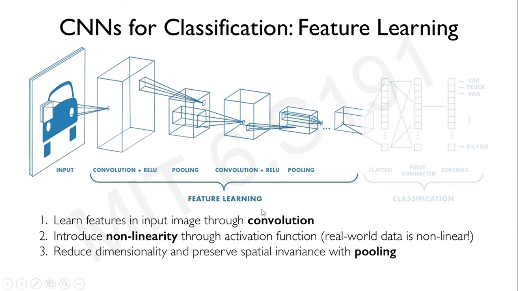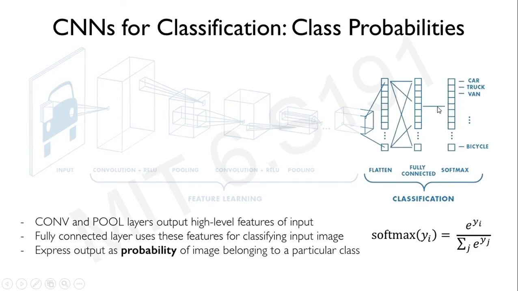The first is this feature learning pipeline, where we learn features in our input images through these convolution layers, and finally the second half is that these convolutional and pooling layers will output high-level features that are present in the input images. And then we can pass these features onto fully connected layers to actually do the classification task.